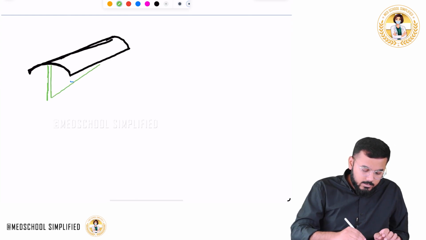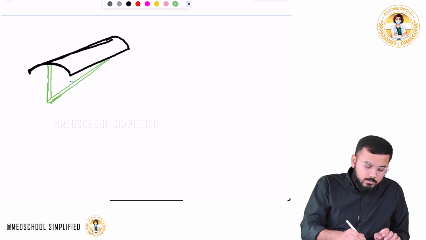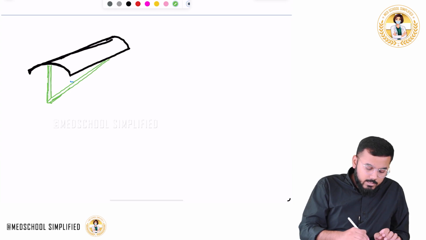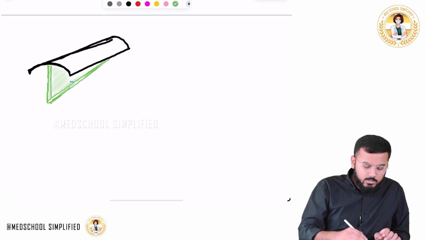You see, this is your septum pellucidum like this. This particular part, whatever I have drawn over here, is called your septum pellucidum.